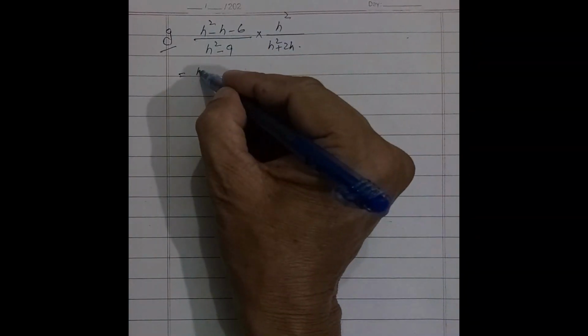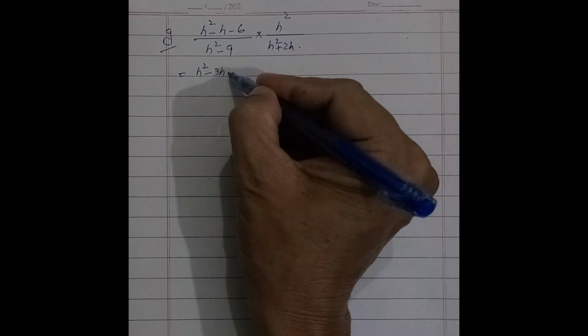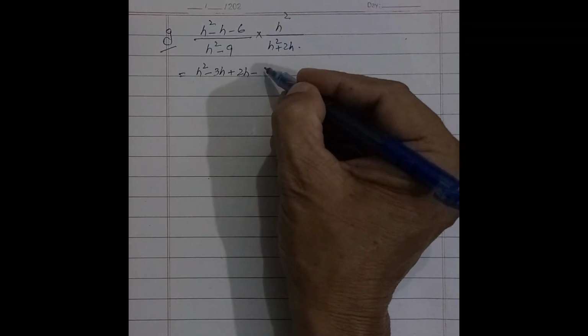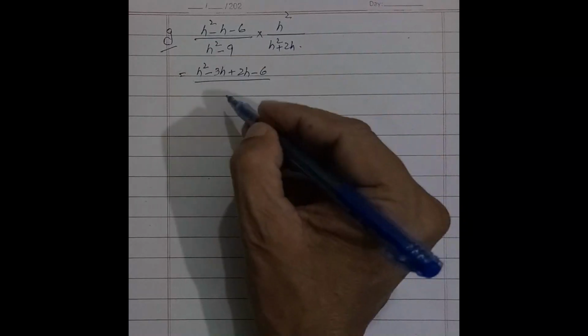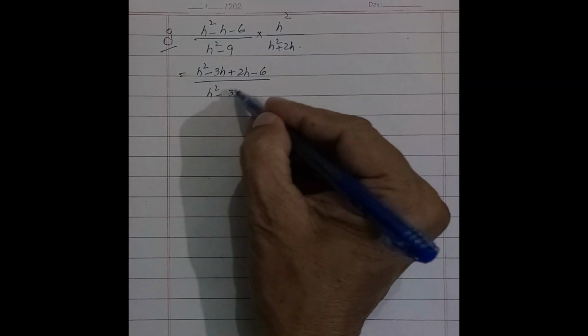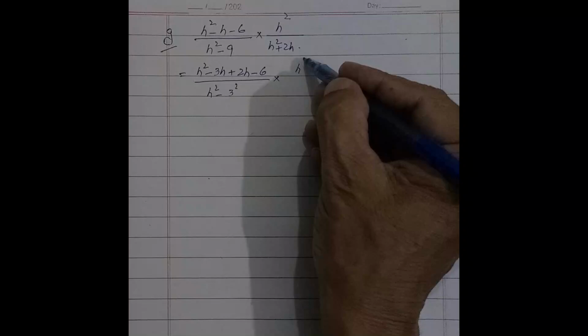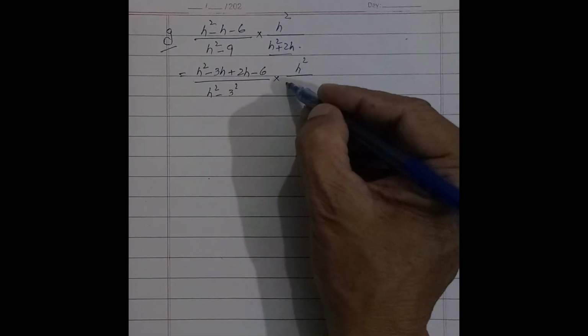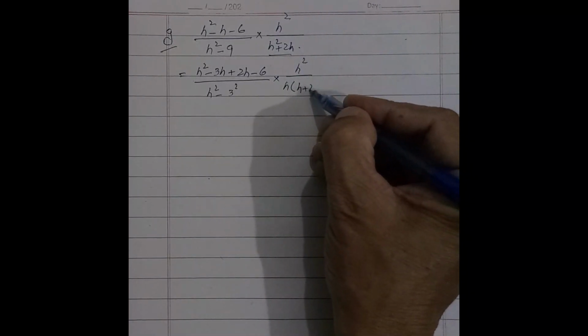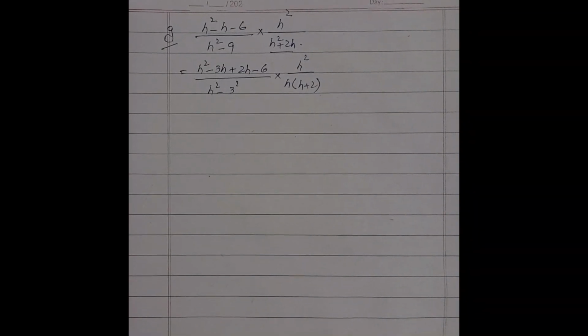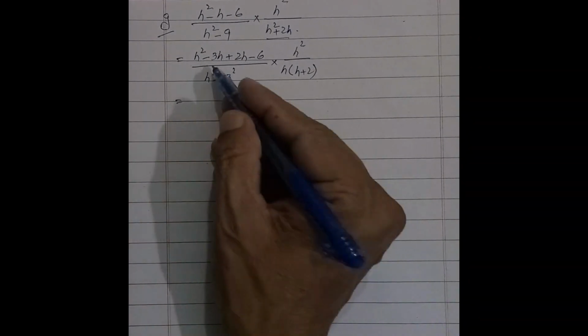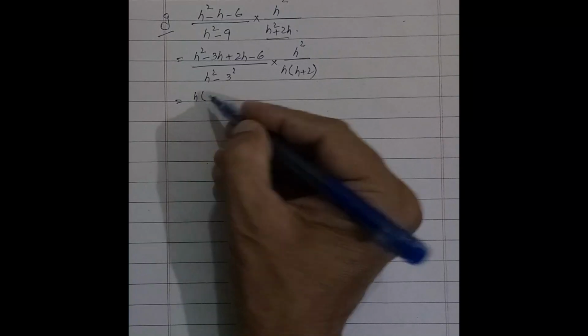Factorize these values, we get h² minus 3h plus 2h minus 6 over h² minus 3², multiplied by h² over, take h common, h plus 2, and further take common h, the remaining is h minus 3 plus 2, h minus 3.